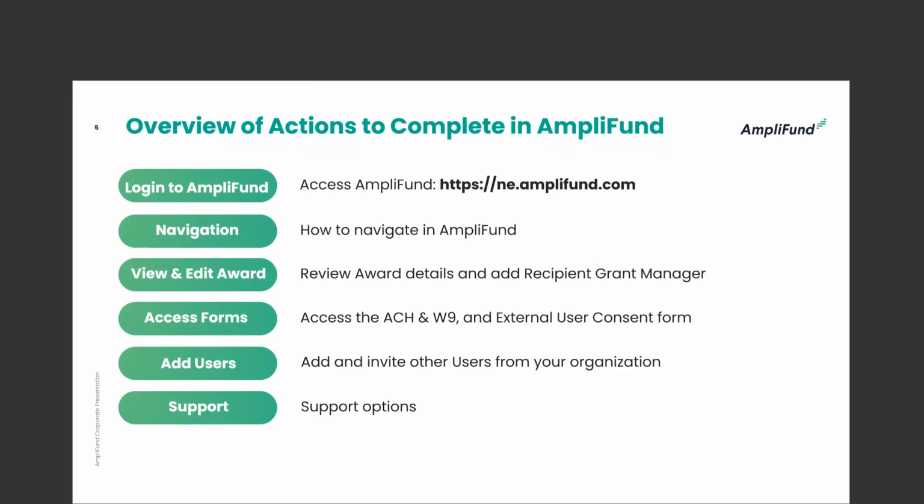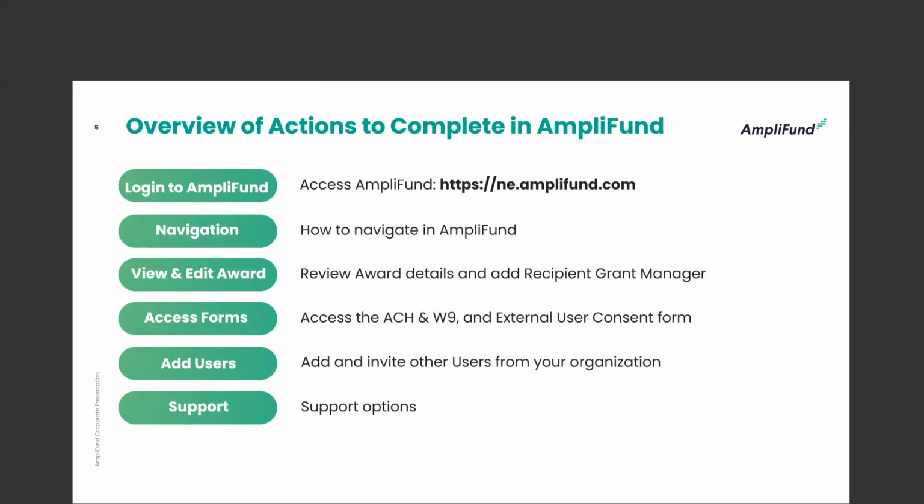So you can be at your home office on your computer, you can be at a different computer at your actual physical location of your work office, and you'll be able to log into your Amplifund account as long as you can open up your web browser and put in this URL, ne.amplifund.com. And since you'll be managing your award in Amplifund and applying to new opportunities most likely, then we would encourage you to also bookmark this URL as well.